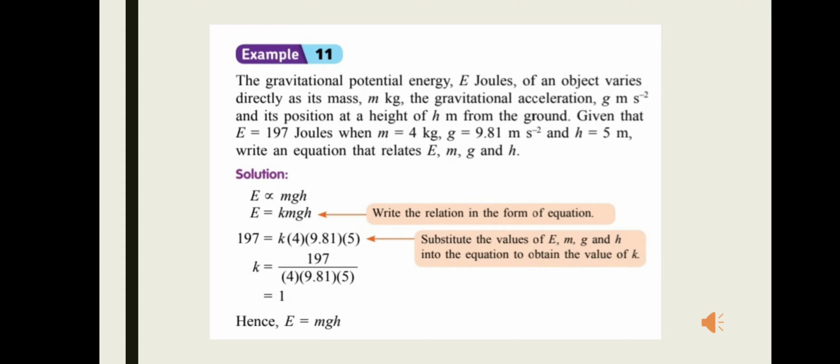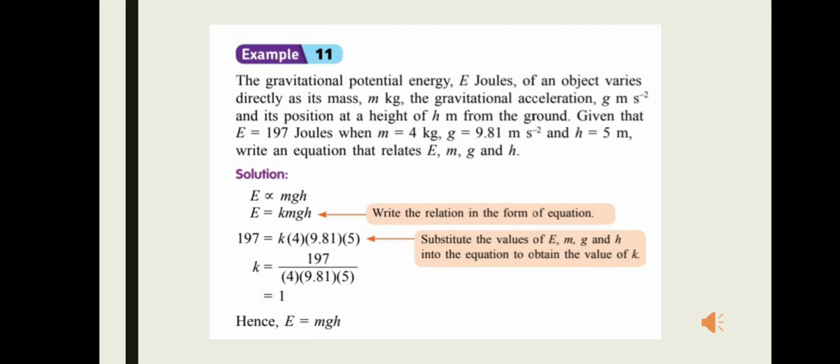Example 11. The gravitational potential energy E joules of an object varies directly as its mass m kilogram, the gravitational acceleration g meter per second square, and its position at a height of h meter from the ground.